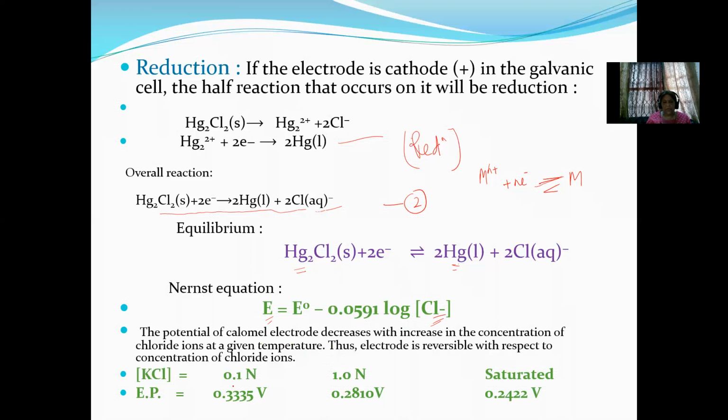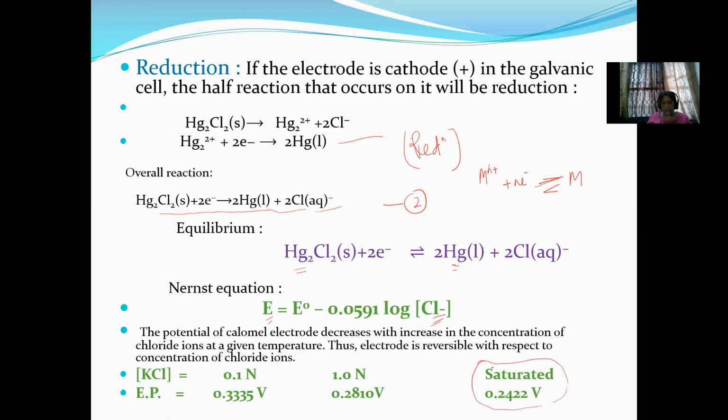That means when you are taking the concentration of the potassium chloride solution as 0.1 N, the electrode potential of the calomel electrode is 0.3335 volt. When the concentration is 1 N, the electrode potential of the calomel electrode is 0.2810 volt, and the most widely used calomel electrode is the saturated calomel electrode.